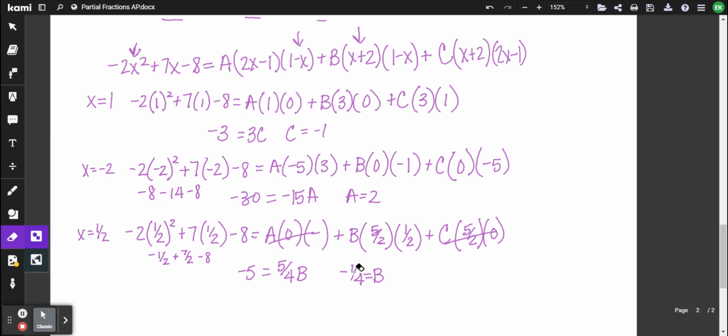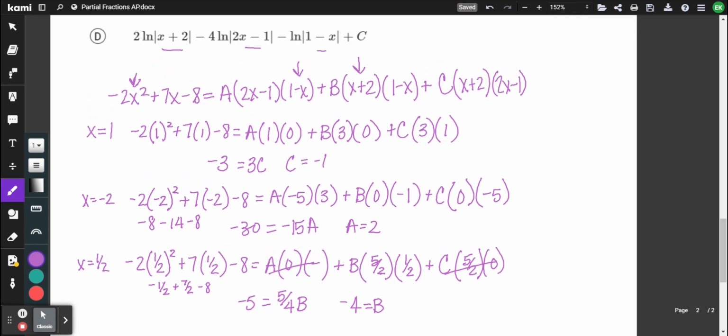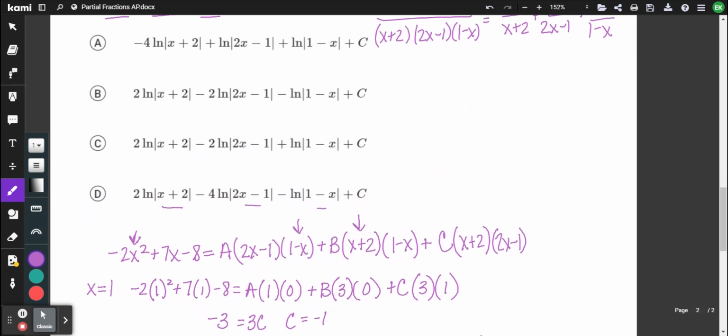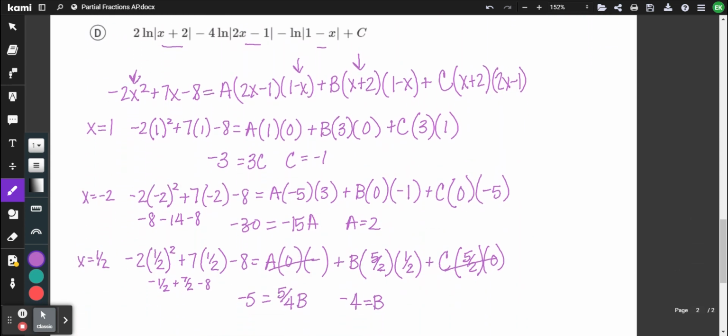No, it's not. It is negative 4. Sorry. There we go. Because negative 4 times 5/4 is going to give me a negative 5. Which I should have known because looking up here, those all look a little different than 1/4.